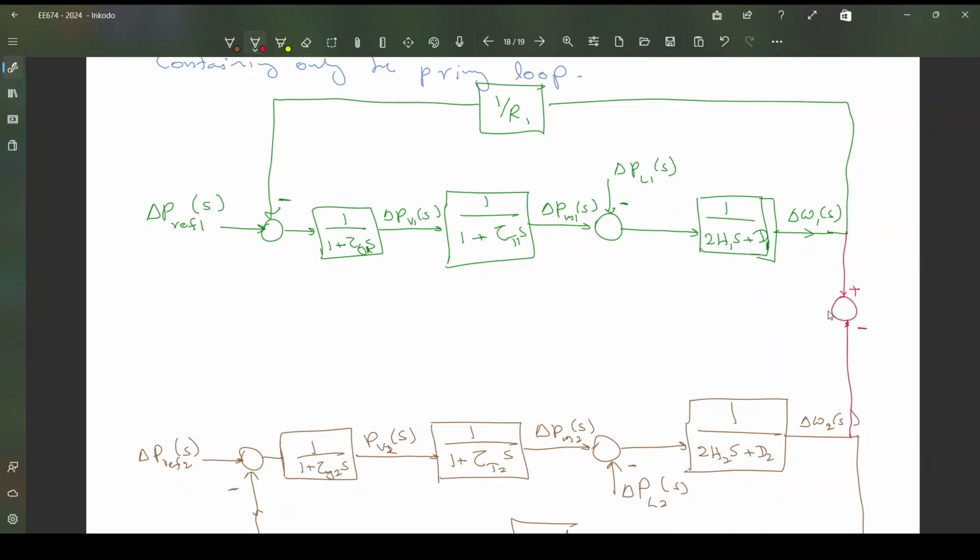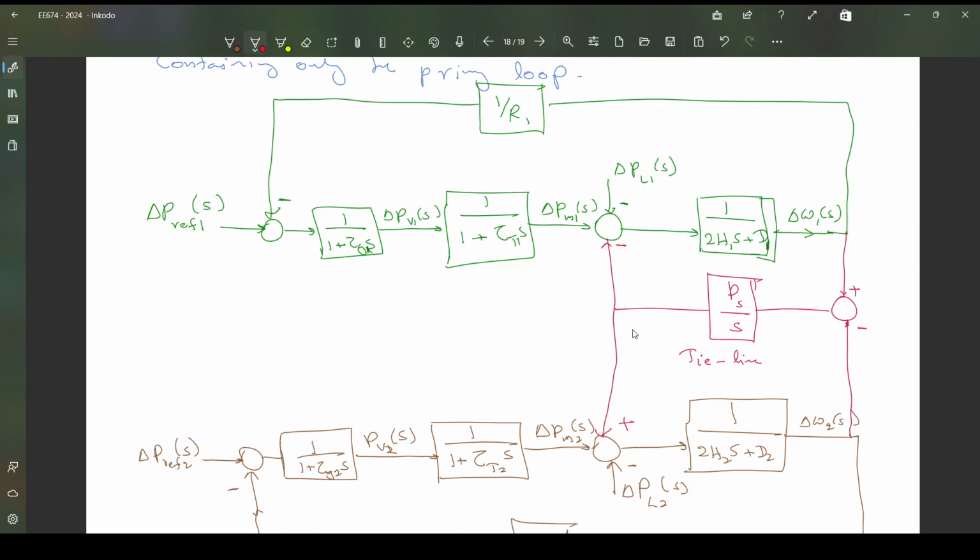And then you multiply it by Ps over s in the Laplace domain, and you get delta, the power flow in the tie line. So this can go in either direction. One end sees a load increase and the other end sees a load decrease. So for one end it is negative and the other end it is positive. So this is the tie line.